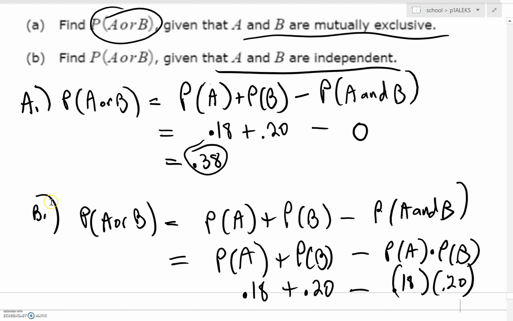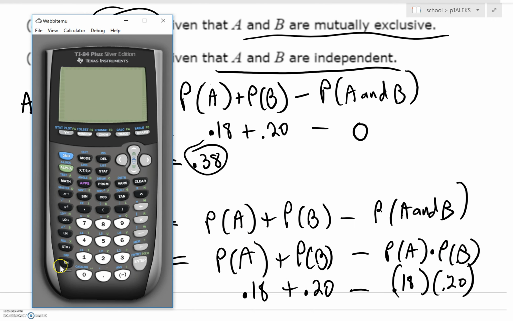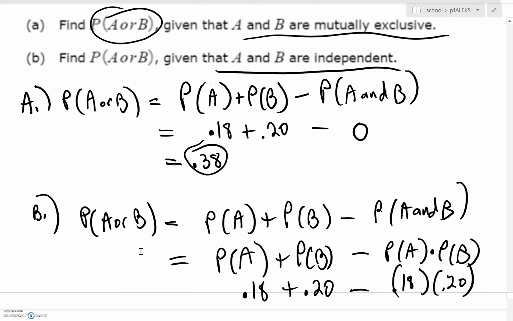And you're going to give an exact decimal answer here. So what we need to do is just type in 0.18 plus 0.20 minus, well, right now we can go 0.18 times 0.20. Just let the calculator do all of that in one calculation. 0.344 is what you get, and we are done.